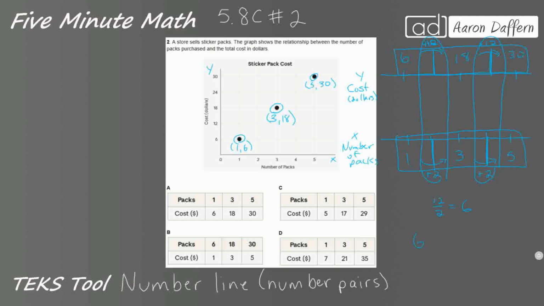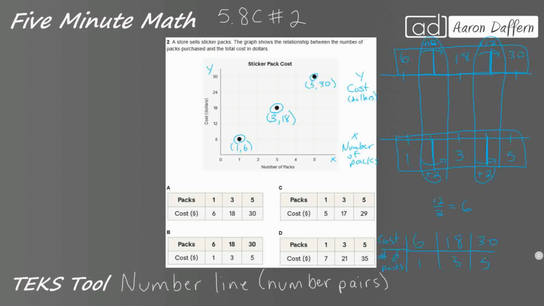And so I've got 6, 1, 18, 3, 30, 5. Now we want to make sure we label it correctly. So our cost is our Y, and then our number of packs is our X. Okay, now that's our table of values.